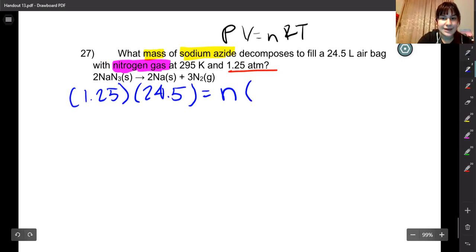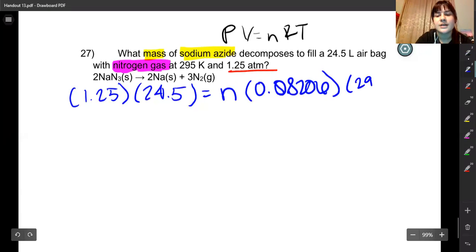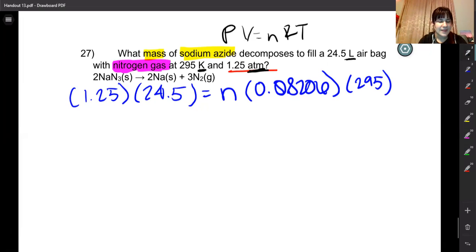R is our ideal gas law constant, that's 0.08206. Our temperature is 295 Kelvin. Remember that when you're working with pressure and temperature, your temperature has to be Kelvin, your pressure has to be atmospheres, because that's just how.